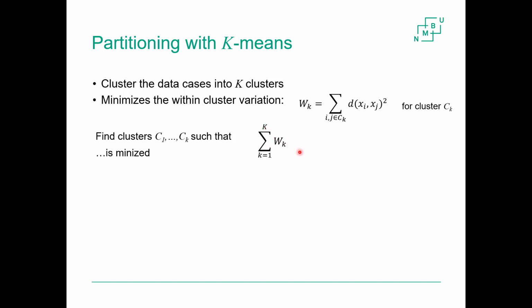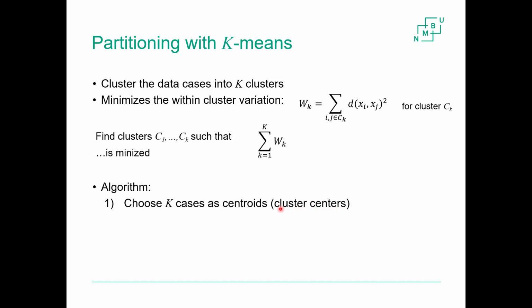How do we actually do that? How can we find clusters such that this is minimized? Well, the algorithm is really simple. First, start out by randomly choosing K of the data cases as what we call centroids, which are the cluster centers.